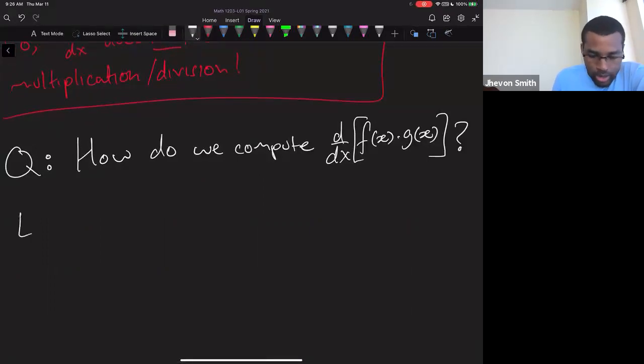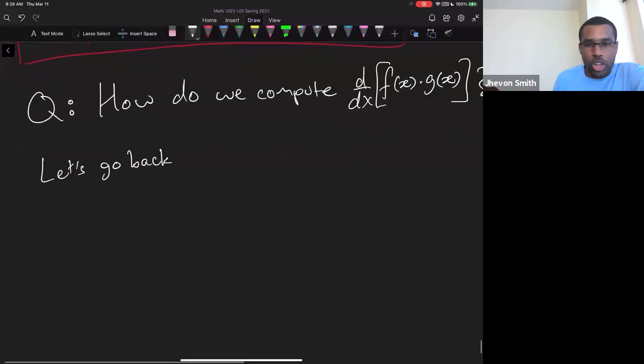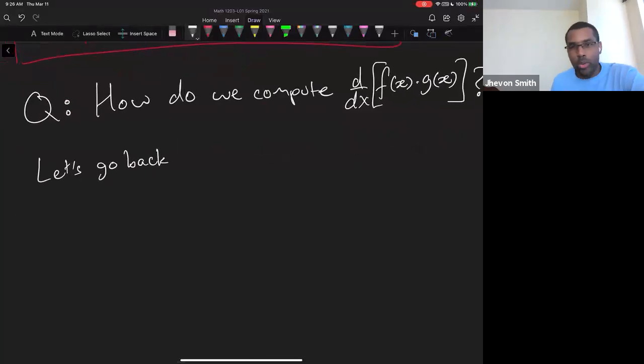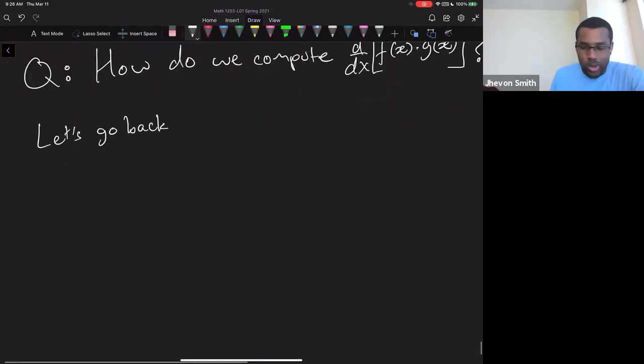Well, let's go back to the definition. These functions are way too general for me to do any little trick with them. It's not like a logarithm where I raise to an exponential. I don't know what these functions are. They could be anything. So we have to go back to the definition.